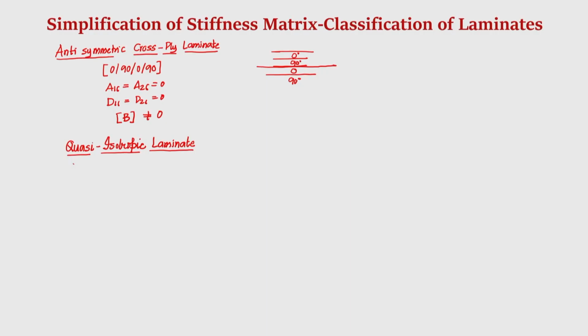Therefore, a quasi-isotropic laminate is a laminate which shows isotropic behavior under in plane loading, that is why it is quasi-isotropic, not in bending.